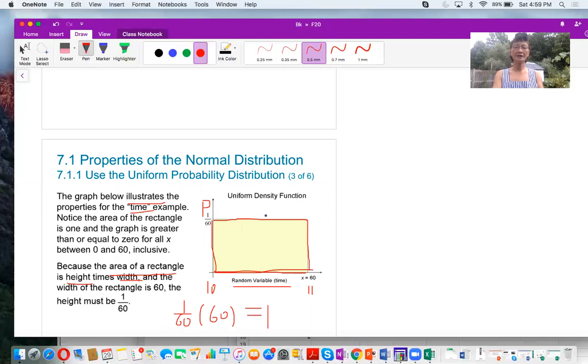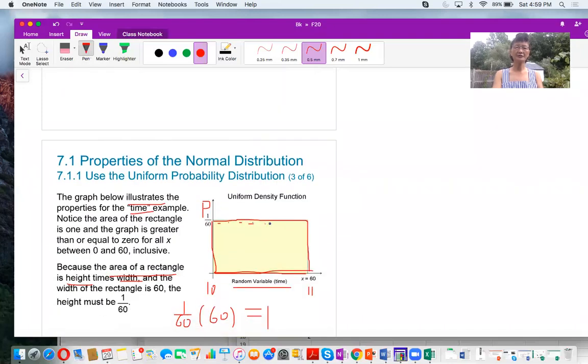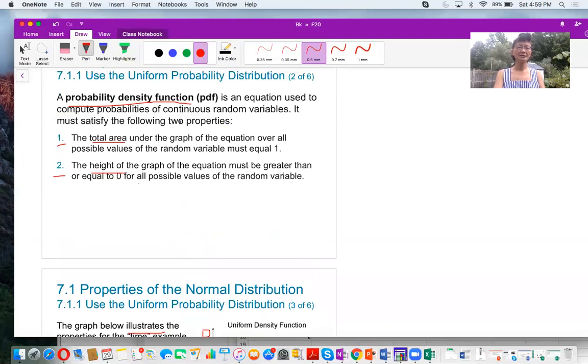The second criteria, the height of the graph is greater than or equal to 0. So it satisfies the properties here.